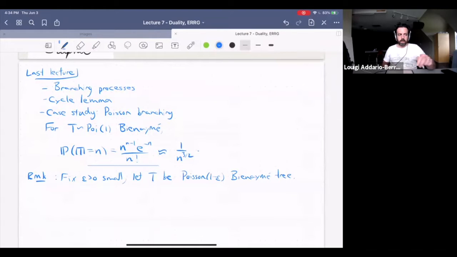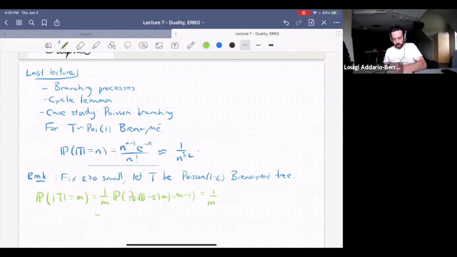Then what do we get out of the cycle lemma? We get that the probability that T has size m is 1 over m times the probability that a Poisson random variable with mean 1 minus epsilon m is m minus 1.